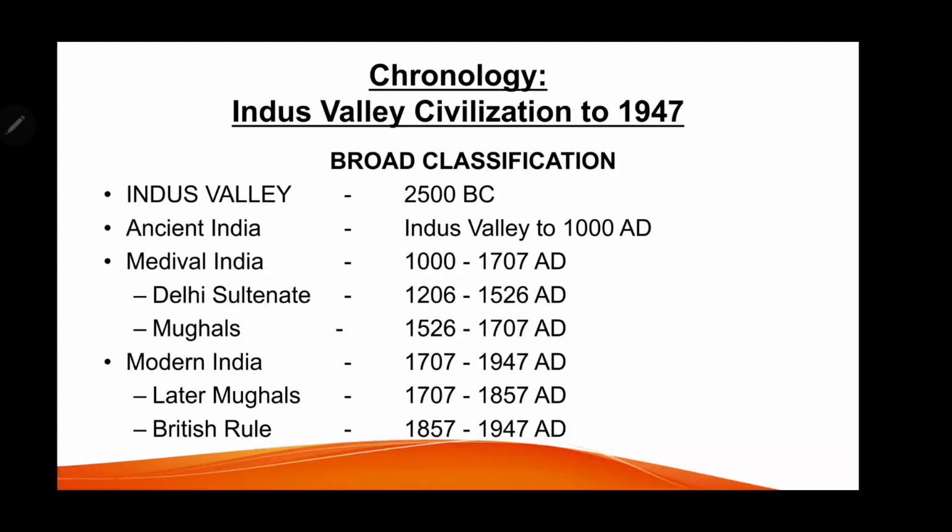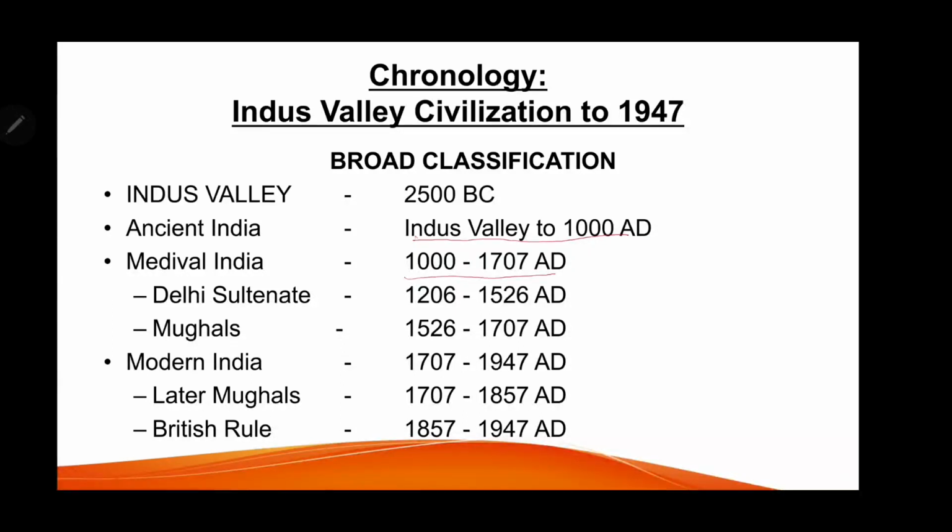Ancient is from Indus Valley to the 1000 AD. The date of the Indus Valley civilization is 2500 BC. It is also called as the Sindhu Sabhyata. Then comes the medieval India, which is also known as the Muslim rule in India.